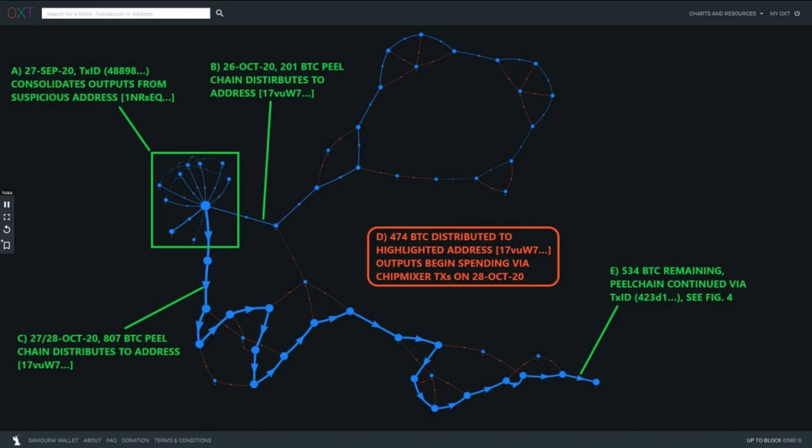If you're looking at figure 3, the top of this transaction graph, part B, is a 200 Bitcoin peel chain. We'll talk about that a little bit. And the bottom is an 800 or so Bitcoin peel chain. It's not quite clear in the figure because we don't have the amounts.